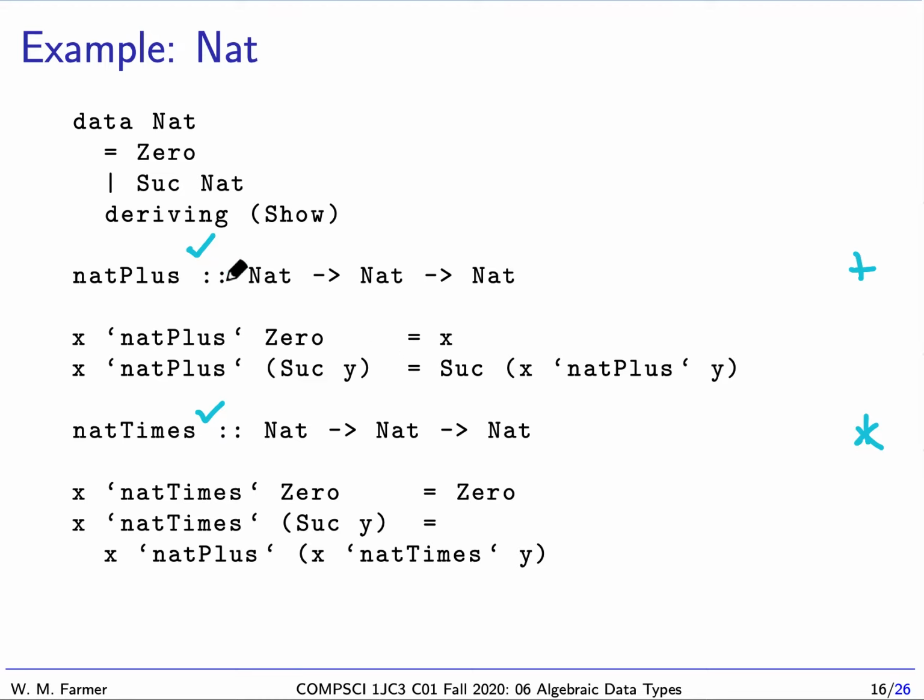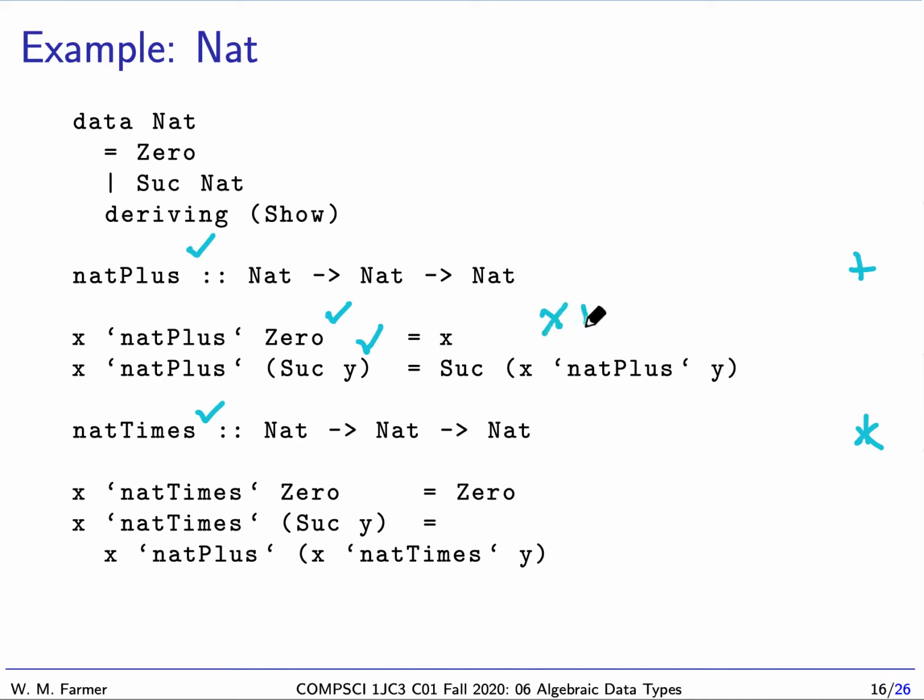And I'm going to define both of these with pattern matching. So for NAT plus, on the left-hand side, the pattern is just x. There's no structure here. On the right-hand side, I have these 2 patterns: 0, or the successor of y. And what this means is, since I'm representing plus, basically I'm saying x plus 0 is x.